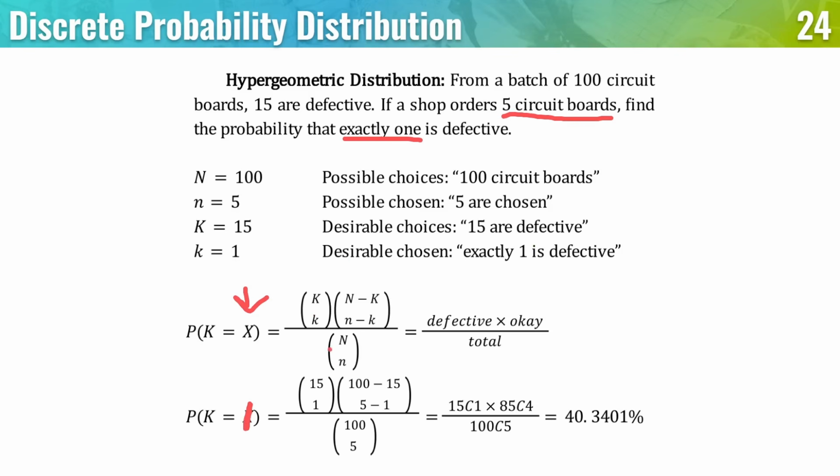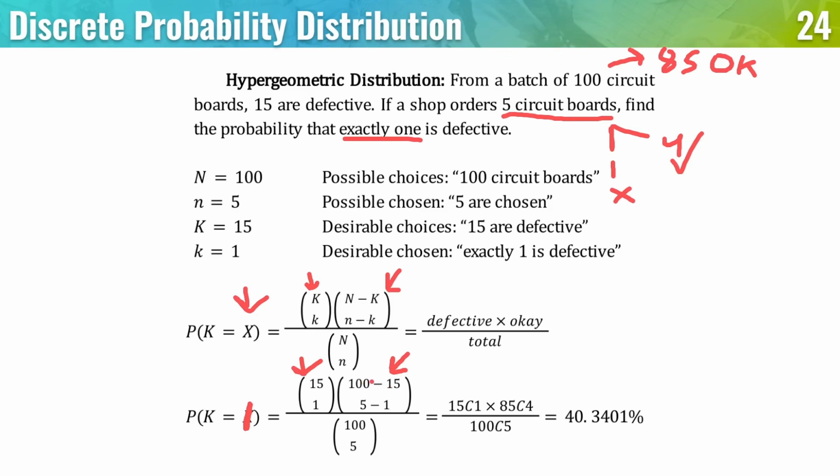Next, this part here is the number of defective boards. So out of 15, we choose 1 defective board. This one on the right is the number of OK circuit boards. If 15 of them are defective, that means 85 are OK. So out of the 85, if we choose 5 circuit boards and 1 is defective, that means 4 of them are OK.